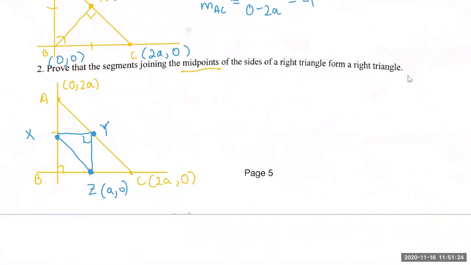What do you think the coordinate point for X is if X is the midpoint of AB? What's the coordinate point for X? Very good. (0, A). And lastly, the midpoint of the hypotenuse is Y. What is the coordinate point for that? (A, A). Very nice.